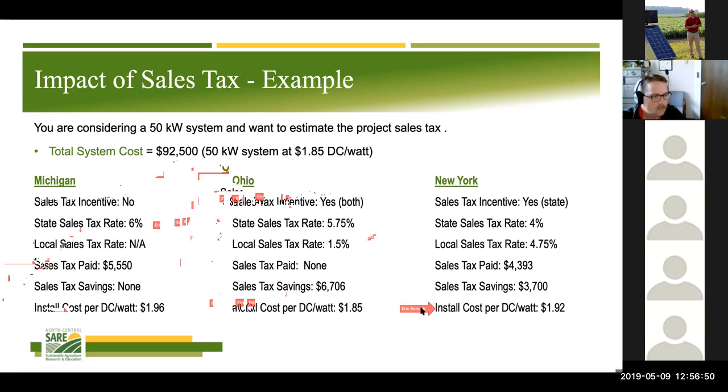So at the end of the day, they were at $1.92 per DC watt. So hopefully that helps illustrate the impact of sales tax. And again, if you're not familiar with how your state addresses sales tax, I would encourage you to go to the DSIRE website and filter that for your specific state.